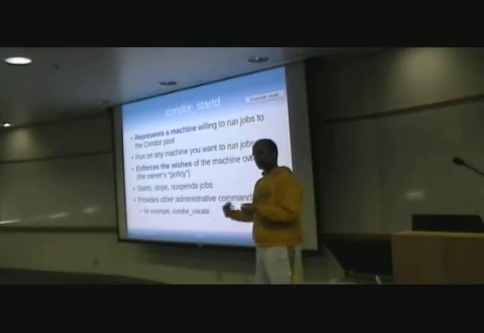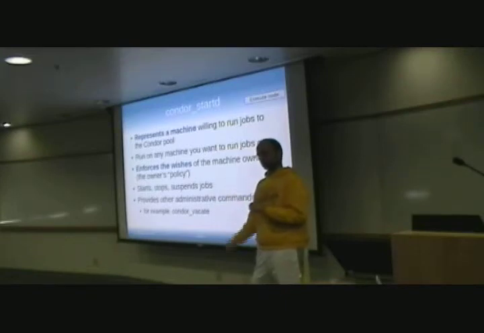So it rechecks its own requirements, independently of what the negotiator did. Most of the time it's not a big deal because the negotiator will do the right thing. But if things change between the match and the moment the schedd contacted it, or for whatever reason the negotiator misbehaves, the machine will actually enforce its policy.